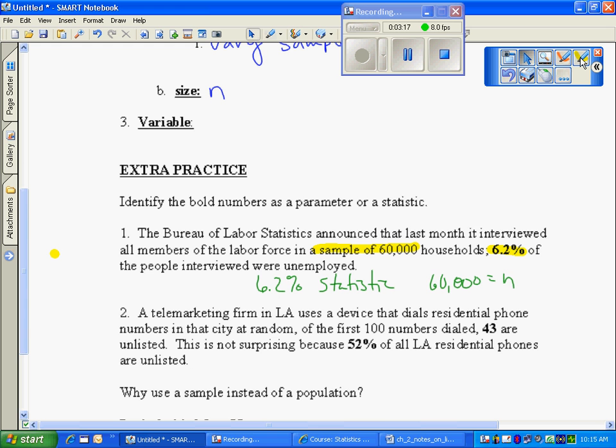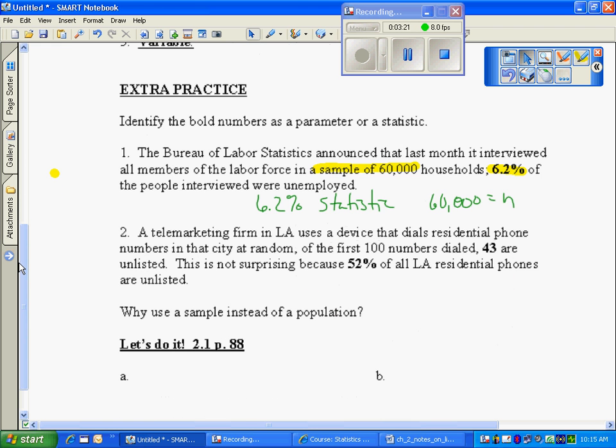A telemarketing firm looked at random 100 numbers, and 43 were unlisted. 52% of all residents are unlisted. So when we take a look at this, the 43 came from the sample, so it is a statistic, but the 52% came from all LA residents, so we call that a parameter.